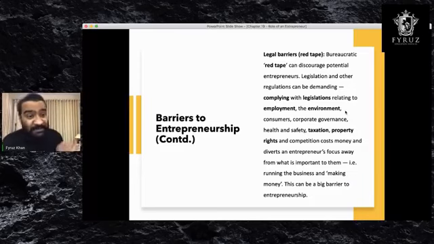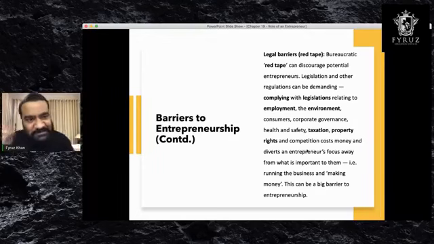Pollution has to be less than a certain percentage. Taxation is involved, property rights. Yeah, there are a lot of things. You cannot build a factory in every place. It needs to have the right water connection, the right gas connection, or whether they have it there.